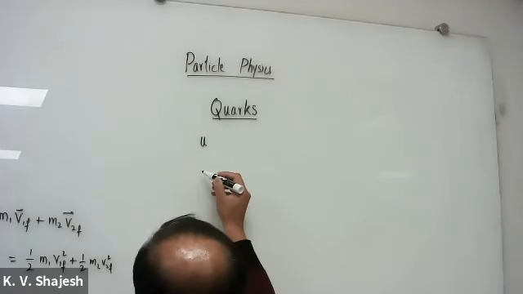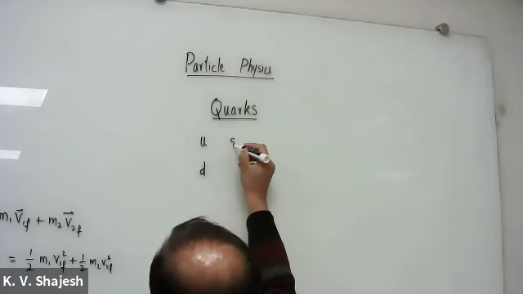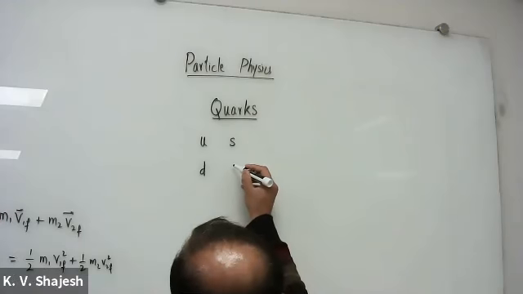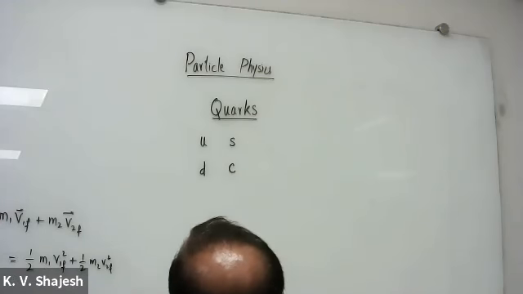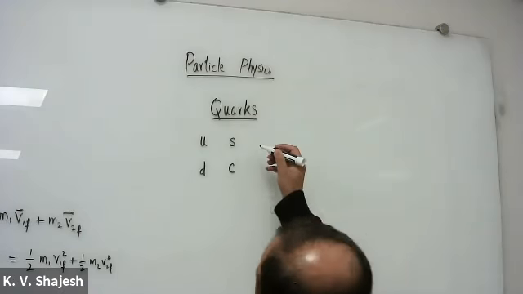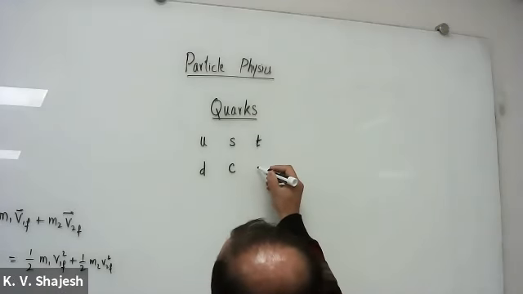And then there is a down quark. There's a strange quark. I mean, the name sounds strange, but it is. The name itself is strange. And the associated quark is called charm. And then there is a top quark, and there is a bottom quark.